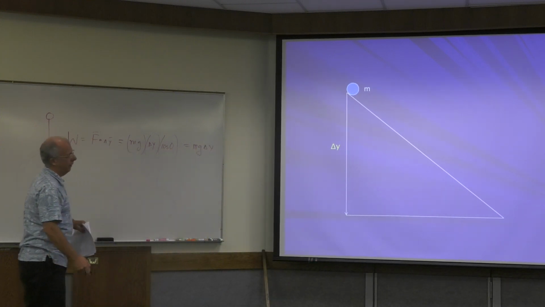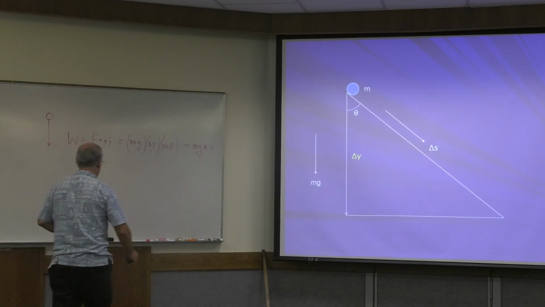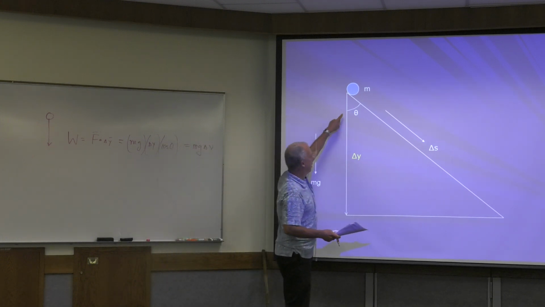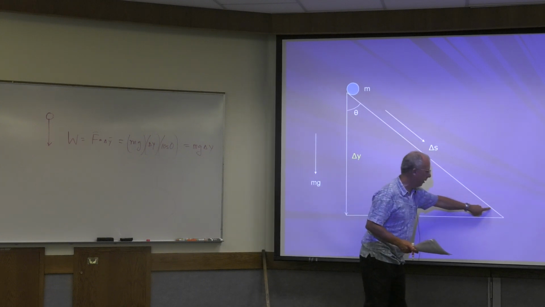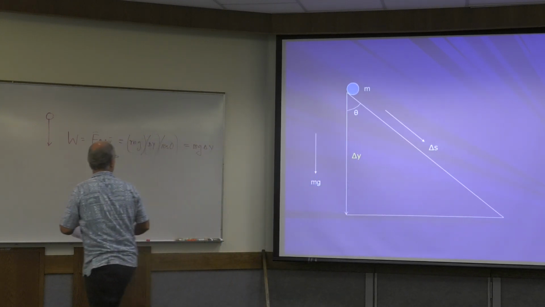That picture is not helpful, so let's make it helpful. This is still the vertical distance, delta y. This is delta s, along the plane. Here's some angle. Okay, so this is this one.